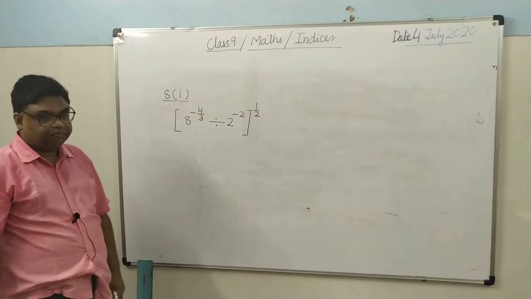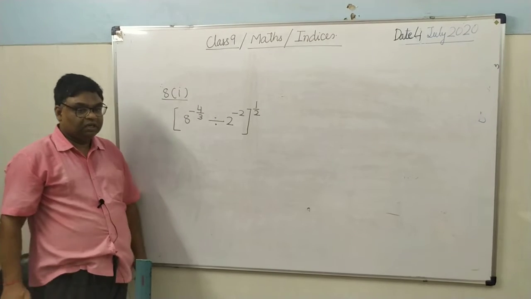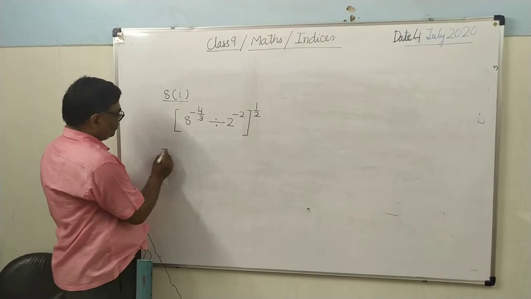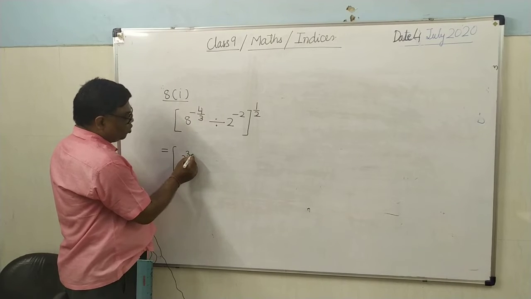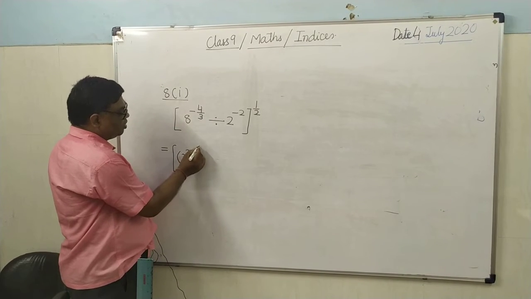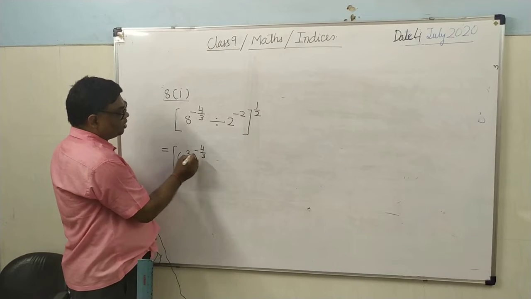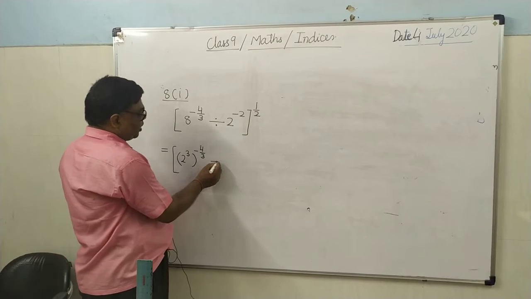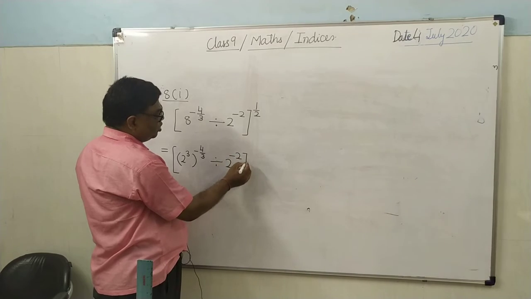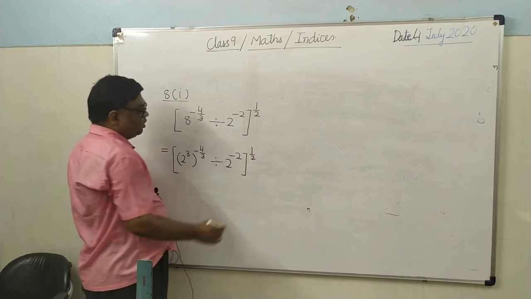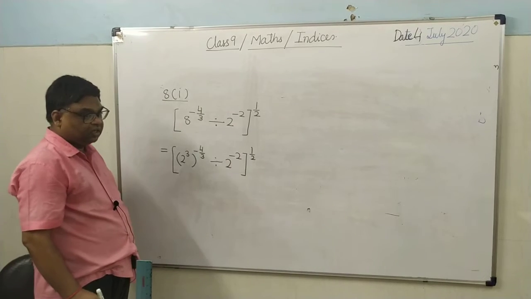8 you can write in power form as 2 to the power 3. What will you write? 2 to the power 3 whole to the power minus 4 upon 3 divided by 2 to the power minus 2 whole to the power 1 by 2. It's clear?